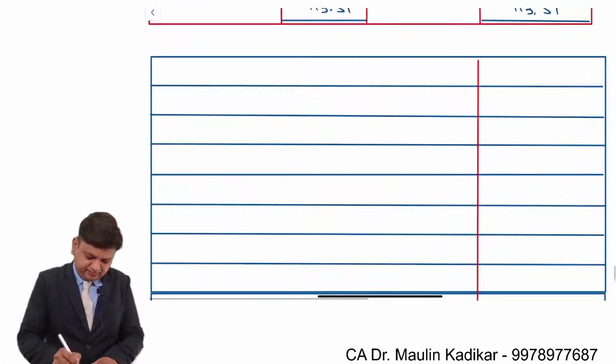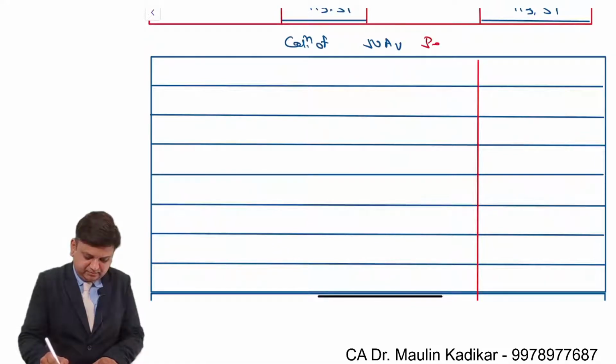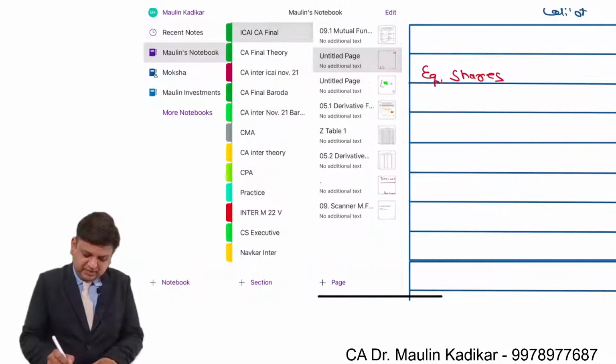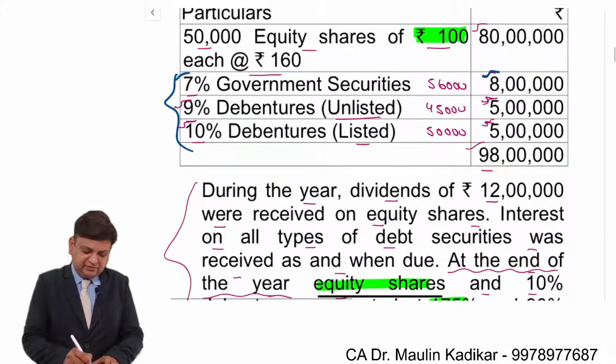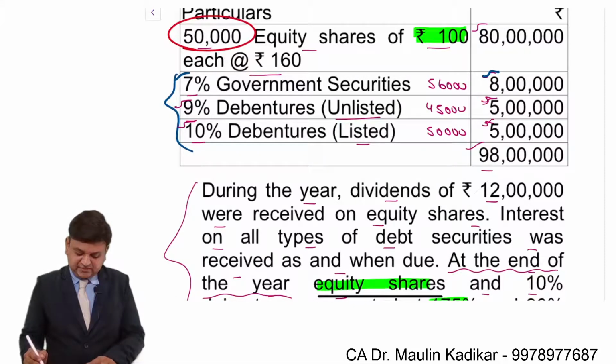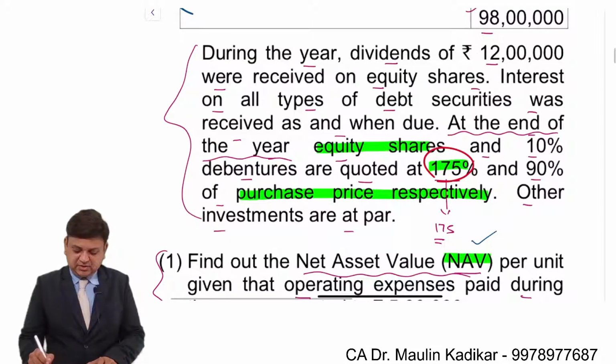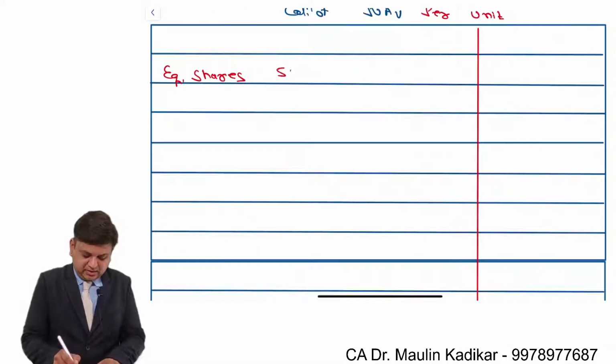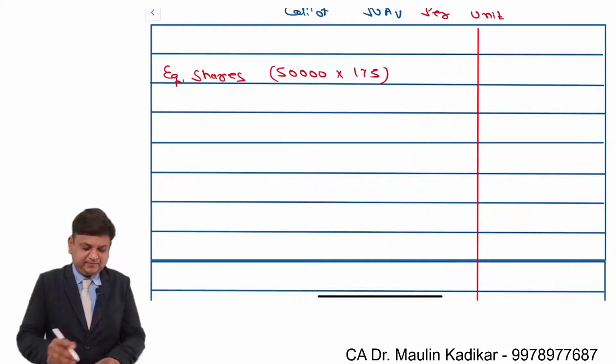Next, calculation of net asset value per unit. In that, equity shares, we can see that some information is given. 50,000 shares have been purchased and the price at which it is available in the market at the end of the year is 175.